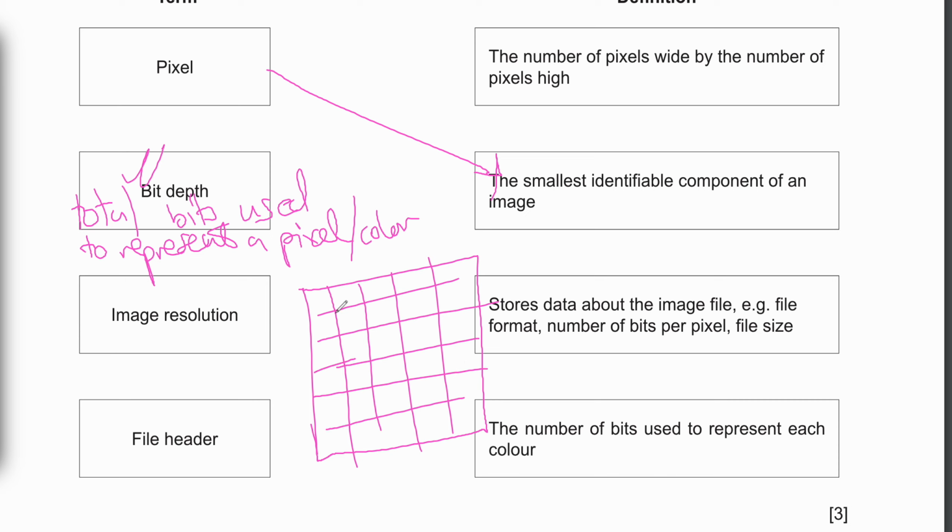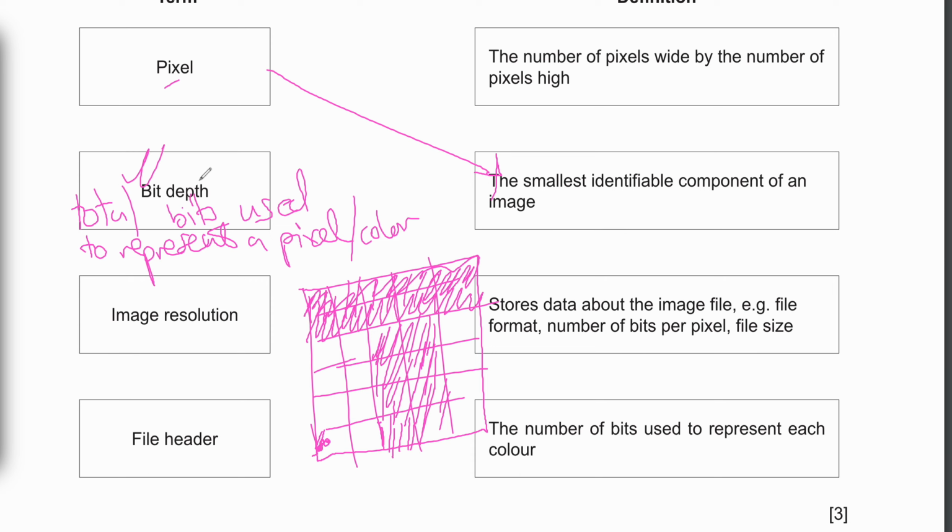If I have this shaded like this, you can clearly see that this is the letter T that is presented by this image. But what we are calling a pixel is just this one thing. One box, the smallest identifiable component of a bitmap image. One box is what we are calling a pixel.